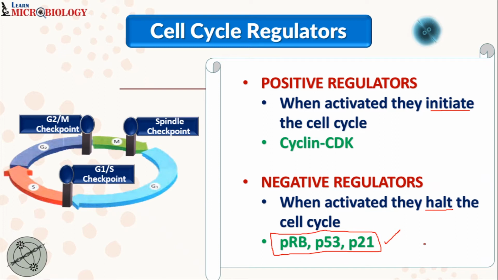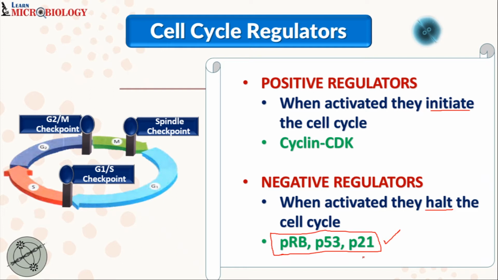Before moving ahead, I just want to let you all know that these negative regulator proteins are also called as the tumor suppressor proteins. They are encoded by your tumor suppressor genes. Now why is that so? These particular negative regulators have been first discovered in tumor cells because we know tumor cells have lost the control over their cell cycle and they are now going to divide uncontrollably.